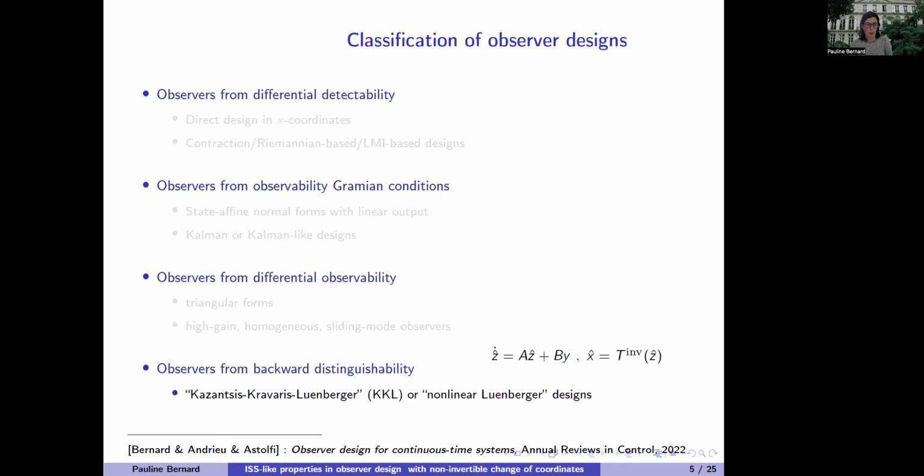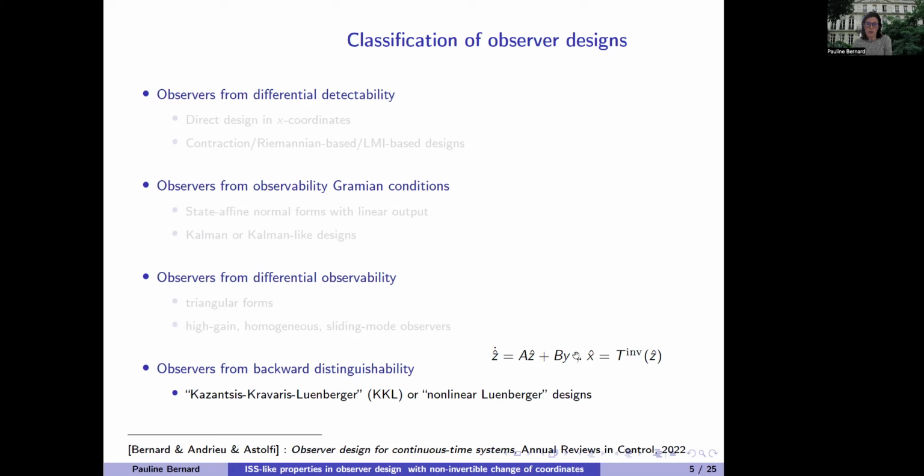And finally, a more recent design is the so-called KKL design, where the idea is to transform the state dynamics into this very simple filter of the output. So you're going to maybe wonder what is the difference between this and the one I talked about here. And it's the fact that here this is a stable filter of the output.